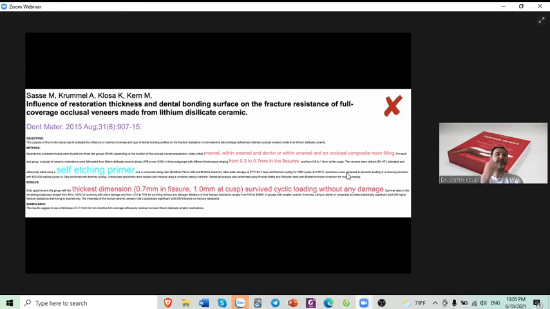So this article shows that the thicker the restoration, the more resistant it will be. But as a weak part of this study, they used a self-etching system for the luting cement.